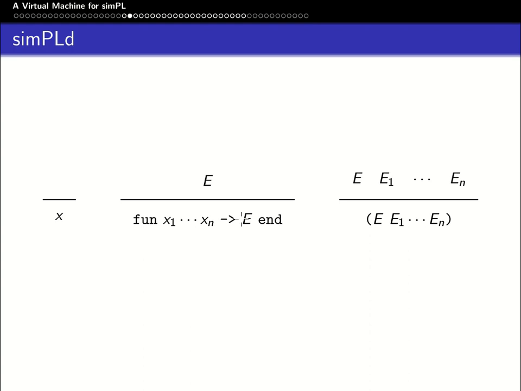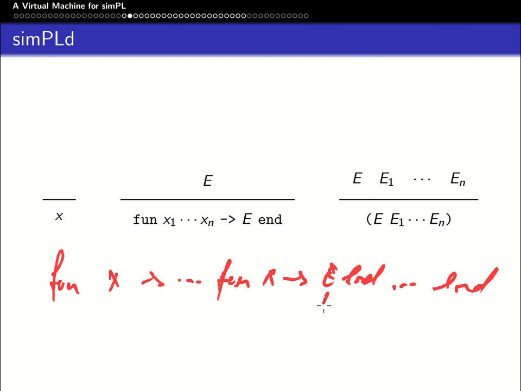So if I have something like fun x goes to fun x e, here and here, any instance of x inside E refers to this x and not this x. Is that clear? Yes? So that's a potential complication for us.